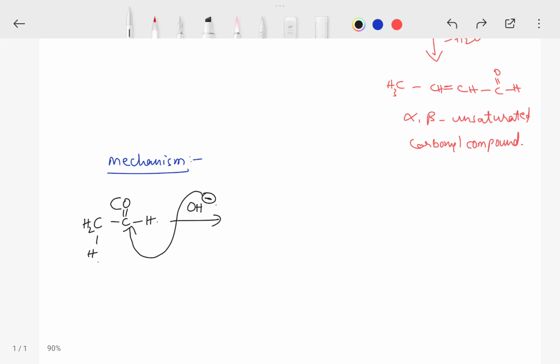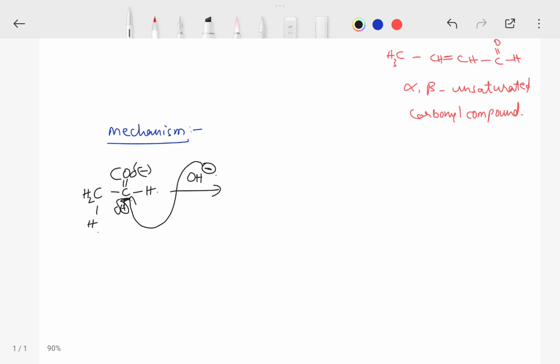If we take a strong base, it may attack the carbonyl group, because the carbonyl carbon is partially electropositive and the oxygen is partially electronegative. So instead of a strong base, a weak base can remove only the alpha hydrogen present in the carbonyl compound.